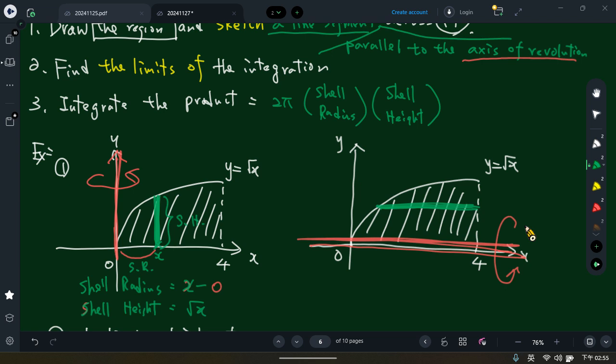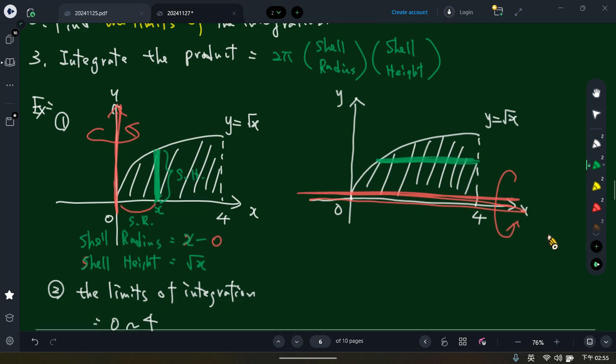Okay, with this, we need to rewrite this one as x is equal to y squared, because this time our viewpoint will be from the y angle, not the x angle. Y's angle. Okay, so we need to rewrite the function.